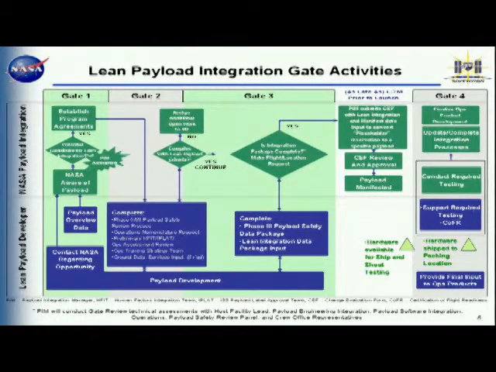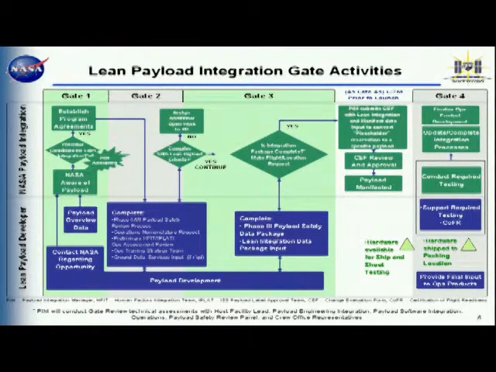Our integration team will be conducting ship and shoot testing with you. We're going to be completing the standard integration things that we deliver on our side of the house, and the ops community will be finalizing all of the operations product development.